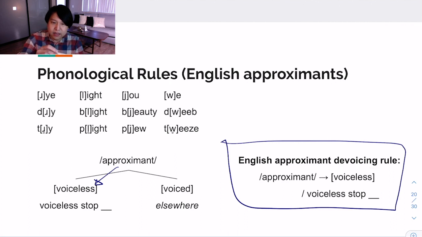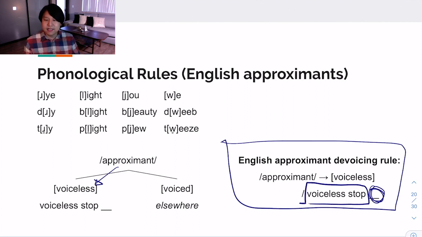And when that happens, you can see that after the single slash is the environment, after a voiceless stop. So that's the devoicing rule. Devoicing means voiced becomes voiceless. The devoicing rule applies to approximant sounds in English, which are four of them.